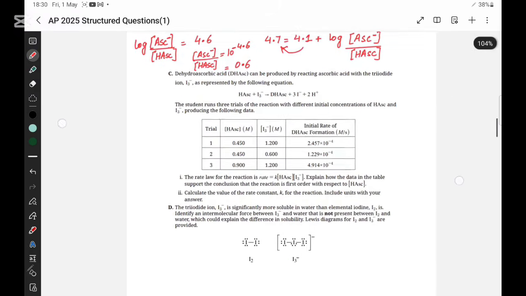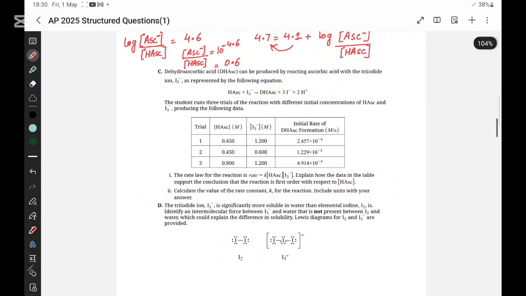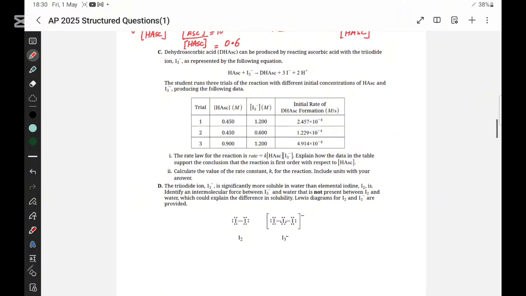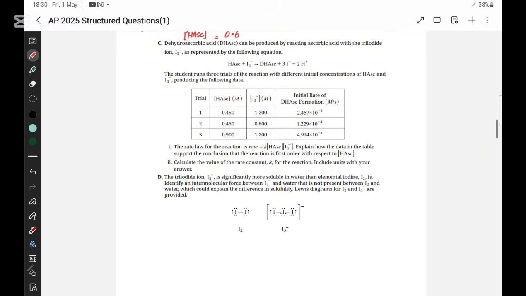For the next question, they are saying dihydroascorbic acid can be produced by reacting ascorbic acid with triiodide ion, as represented by the following equation. The student runs 3 trials of the reaction with different initial concentrations of HASC and I3⁻, producing the following data. The rate law for the reaction is rate is equal to k [HASC][I3⁻].